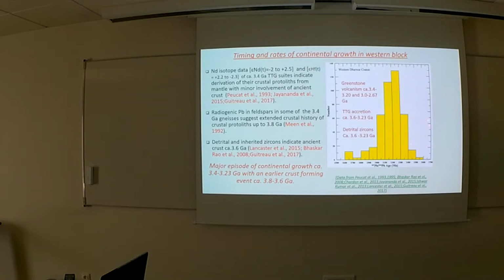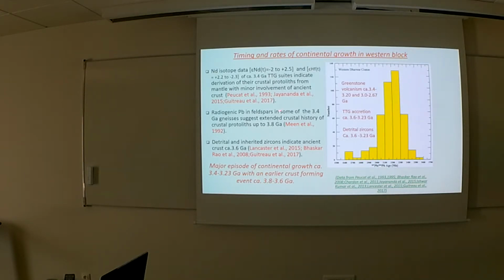In the 3400 million year old gneiss, we have radiogenic lead in the feldspar separates, and that indicates an extended crust history up to 3800. And more recently, the detrital zircons have been dated to 3.6, and also Martin has given a date of 3600 for one of the TTG samples.